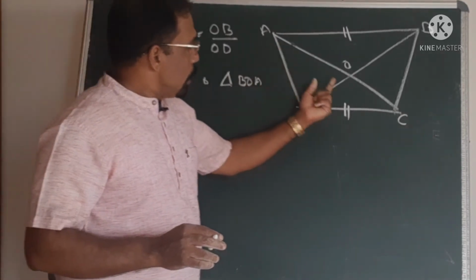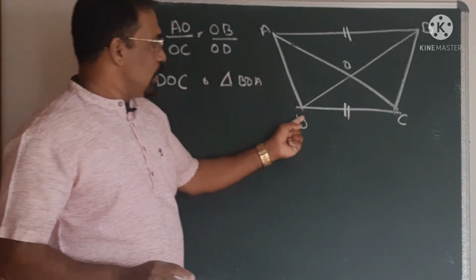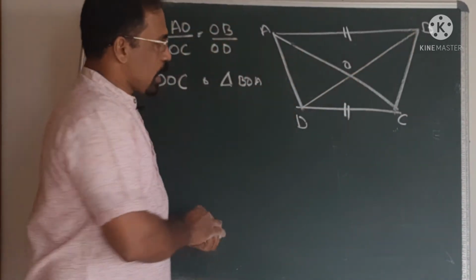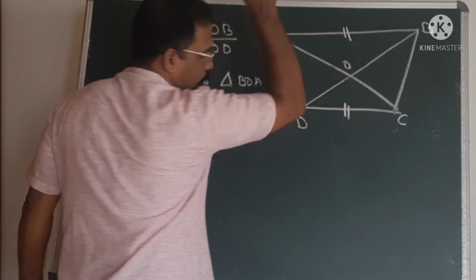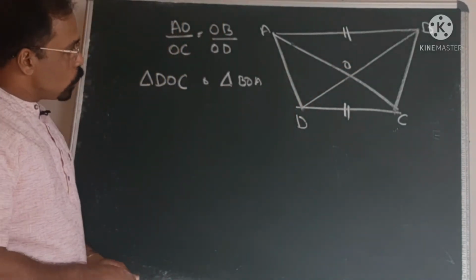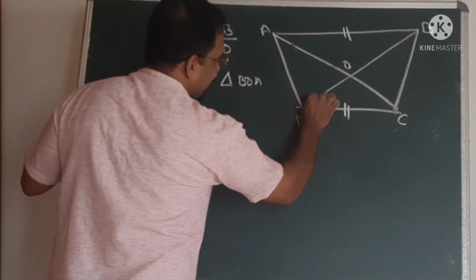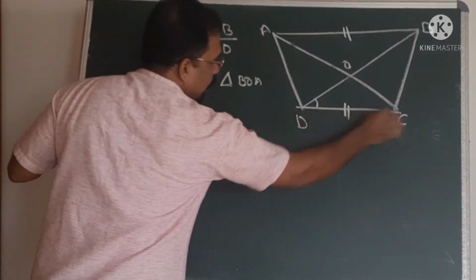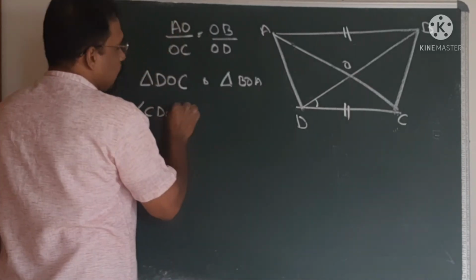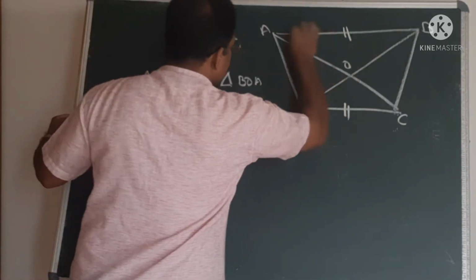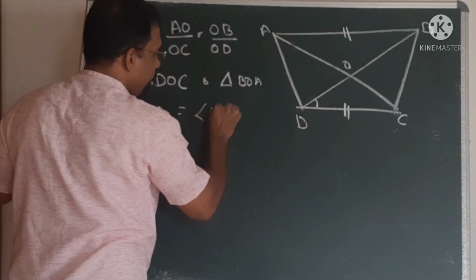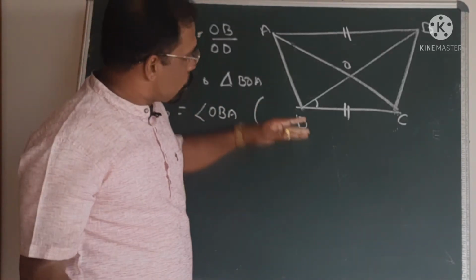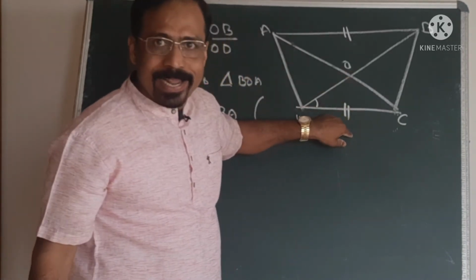Now consider these two triangles, triangle DOC and triangle BOA. Now you know that angle CDO is equal to angle OBA. They are alternate angles, because these two are parallel lines.